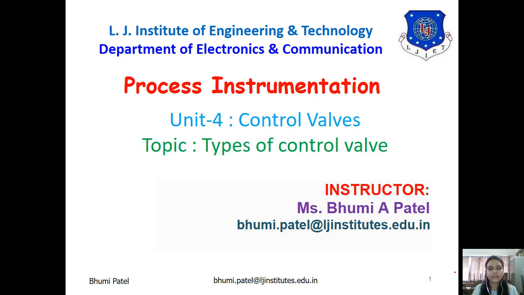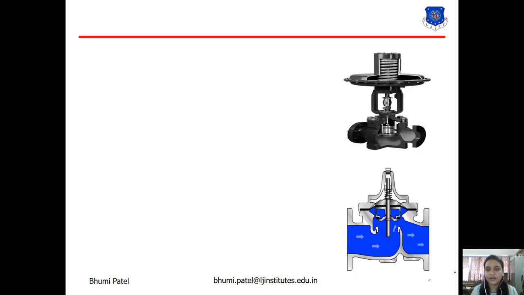Today we will discuss the types of control valve, unit number 4, control valves. First of all, we studied in the last session the definition of the control valve. Here you can see the control valve diagram.